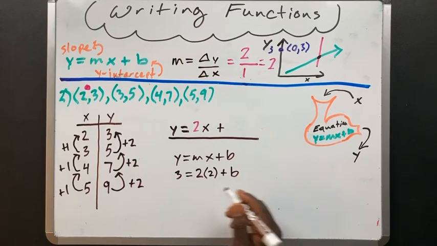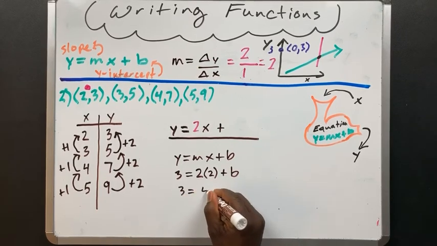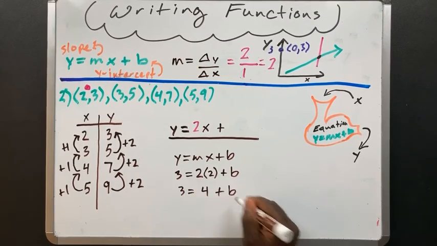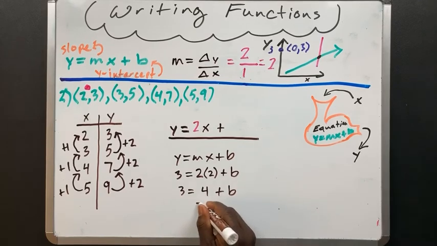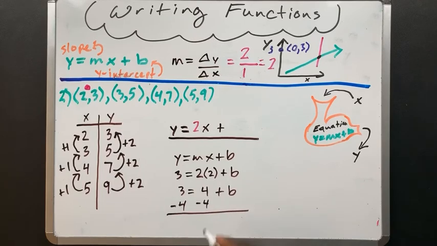All right, so let's do the math. 3 equals 2 times 2, which is 4, plus b. Okay, solving for b, we need to get rid of the 4. What's the opposite of adding 4? Subtract 4. Whatever you do to one side, you do to the other side of the equation. That crosses out. 3 plus negative 4 is negative 1, which equals b.